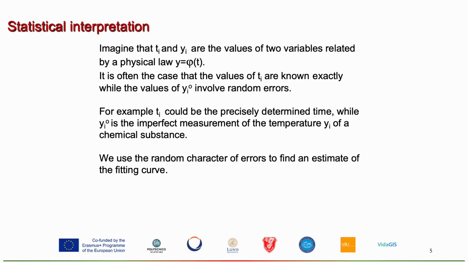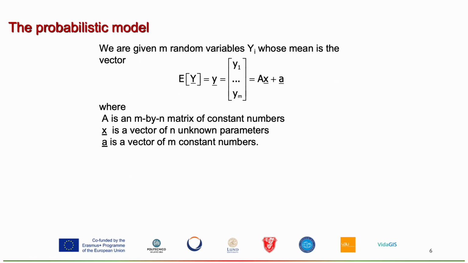Often we can state that the values of t_i are known exactly, while the values of w_i have been observed with certain random errors. For example, t_i could be the precisely determined epoch time, second, hour, day, whatever you want, while w_i is the imperfect measurement of a certain parameter, for example, the temperature of a chemical substance. We use the random character of errors to find an estimate of the fitting curve, taking into account the random nature of errors.